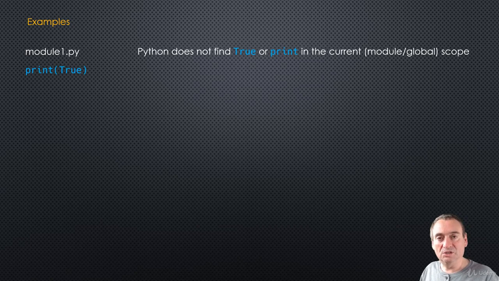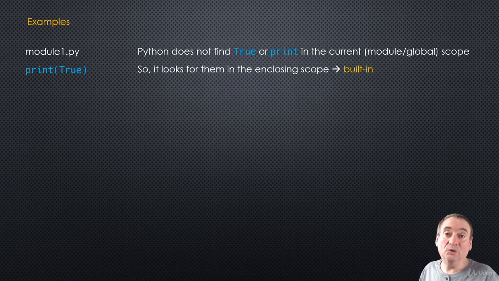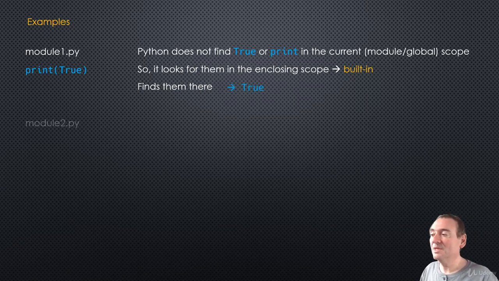So they're not in the local scope, or at least they're not in the module scope. So now Python says, okay, well, let me go look one step up. Let's look in the built-in scope. And of course it finds both the print function and the true object, or the true label, so the print label and the true label in the enclosing scope, in the built-in scope. And so it's going to use those. And that's why it prints out true.